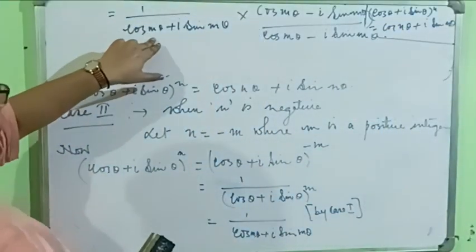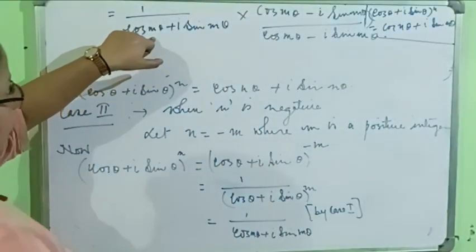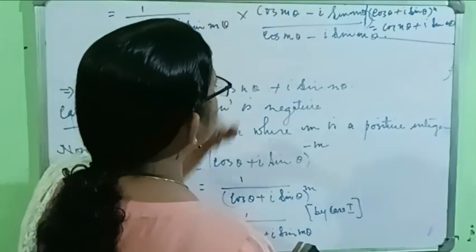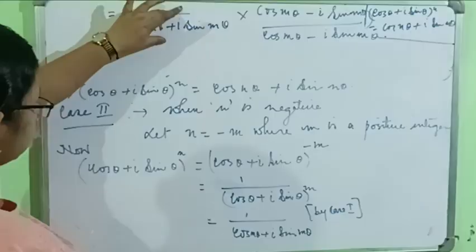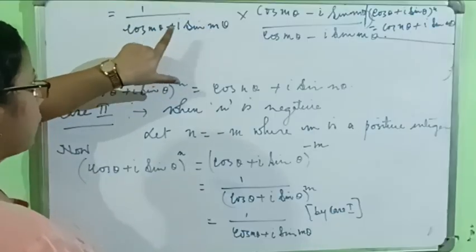To make the denominator free of i, I have multiplied this by its complex conjugate. For the complex conjugate, you replace i by minus i.